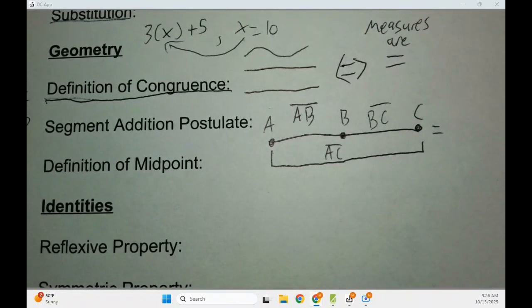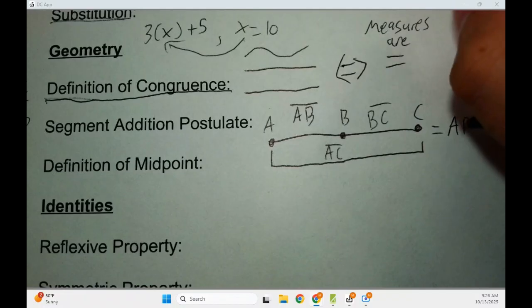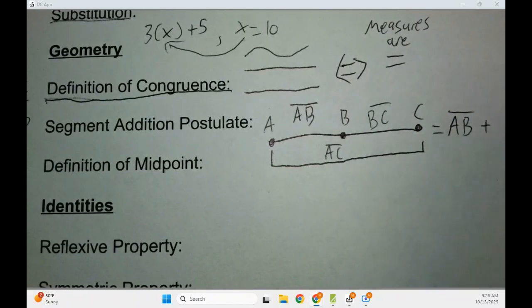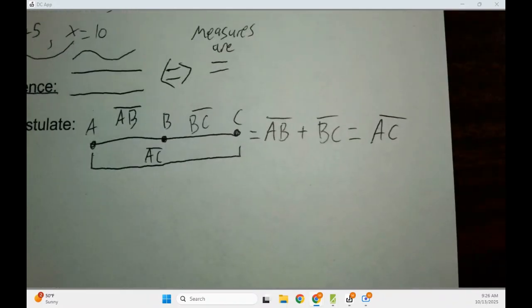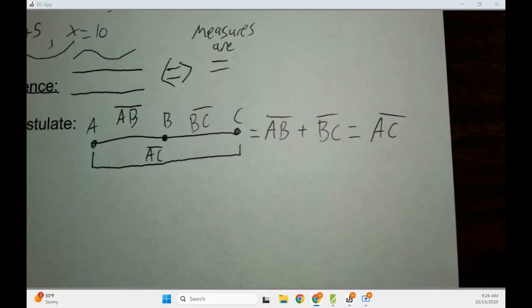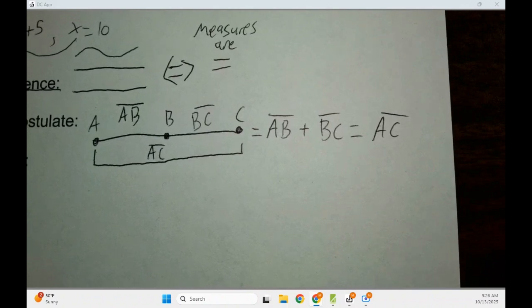What that means is AB plus BC equals AC. So if we have a situation with line segments where we take part of the segment and then the other part of the segment and add them together and we get the whole thing, that is the segment addition postulate.